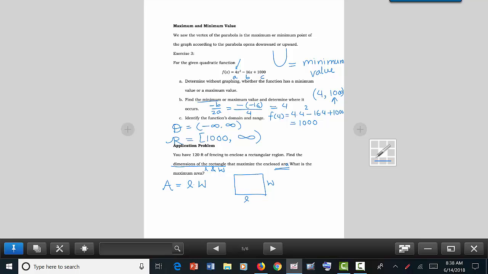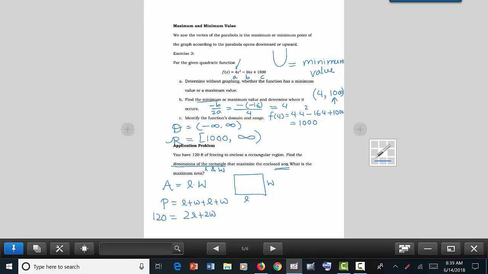What is the information we do have? Fencing material, so perimeter, which is L plus W plus L plus W, the length all around the boundary. They are giving the perimeter as 120. This equals 2L plus 2W.